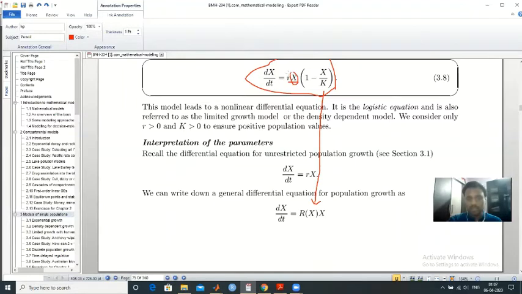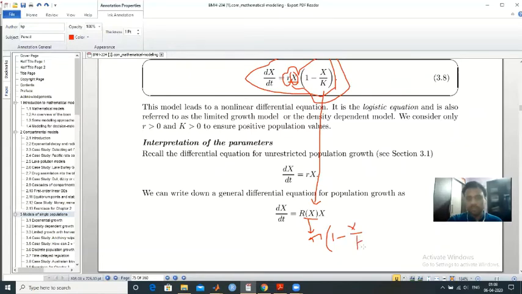The remaining term is r into this one, and this one is known as capital Rx. So this Rx is R multiplied by 1 minus x over K.